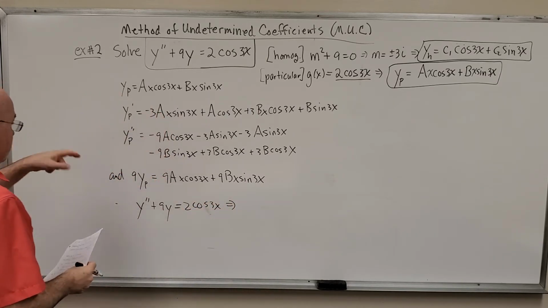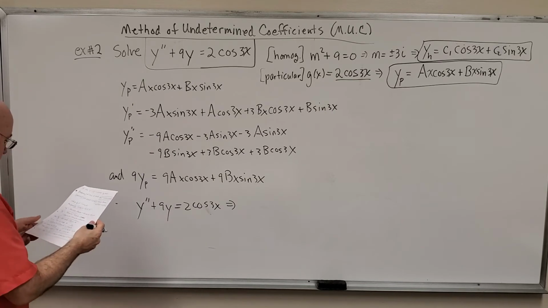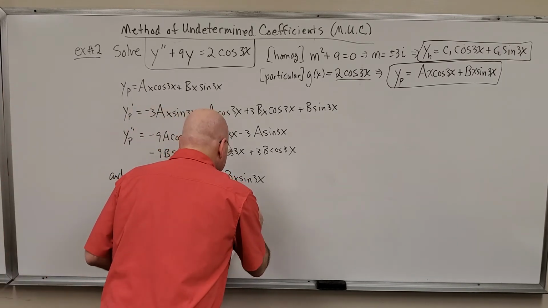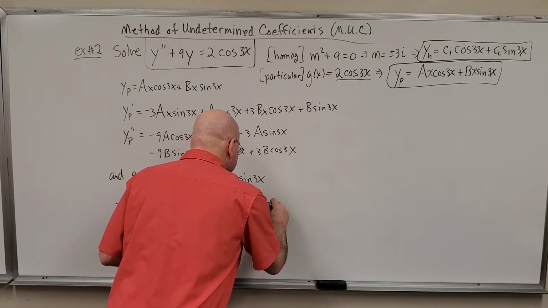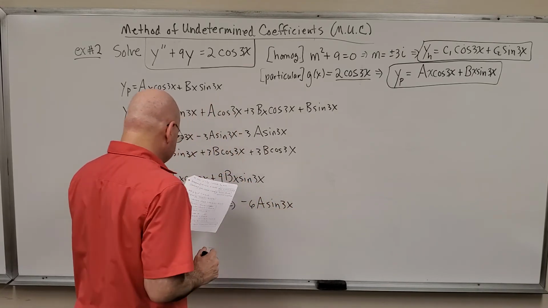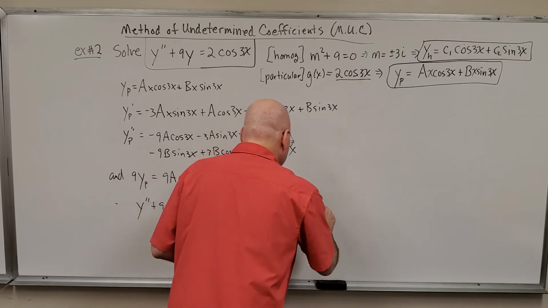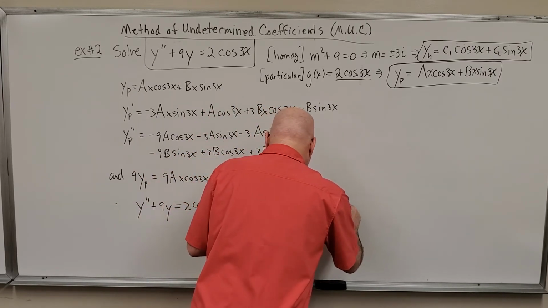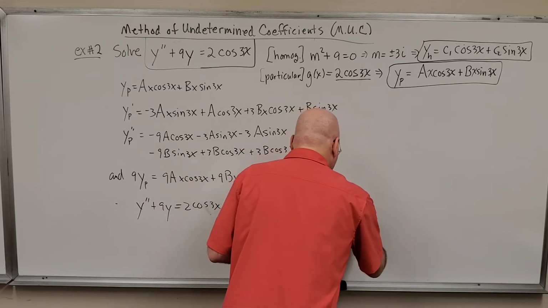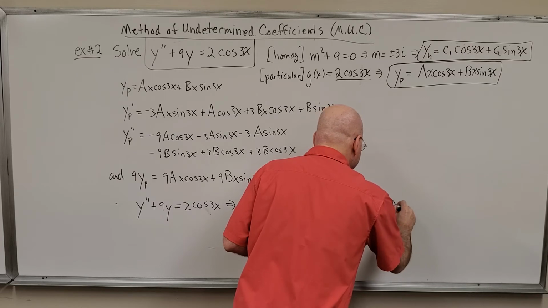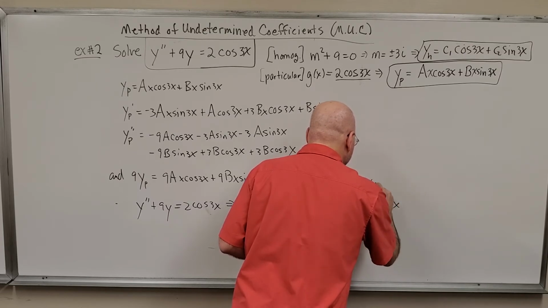This implies, using the substitutions now, negative 6A sine 3x plus 6B cos 3x is equal to 2 cos 3x. That's our g of x there.